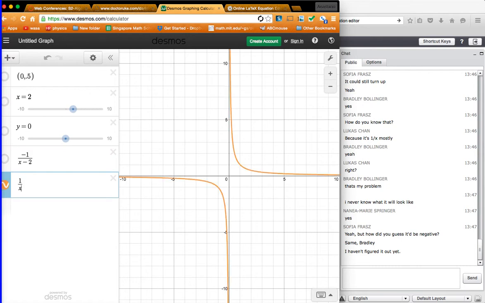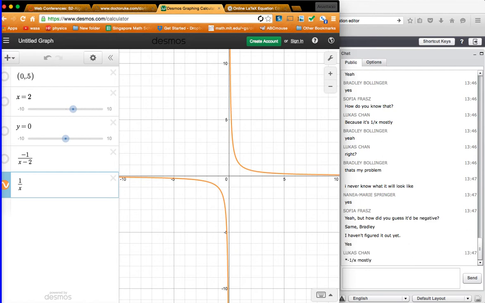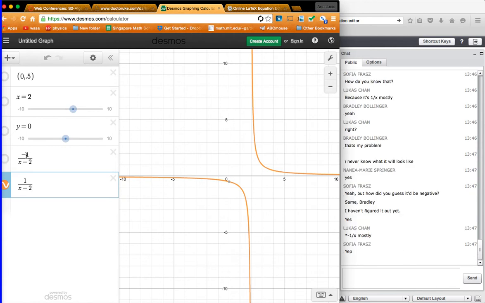That's a graph you're used to, okay? And then we know that the 1 over x, we've been playing around with these vertical asymptotes enough to know that that minus 2 all that does is push the whole dang thing to the right. Correct? This negative over here will flip that graph upside down.